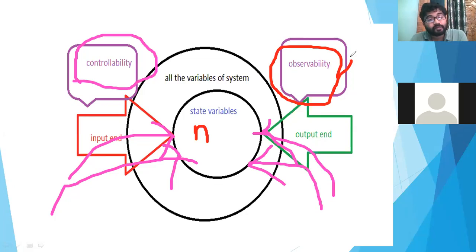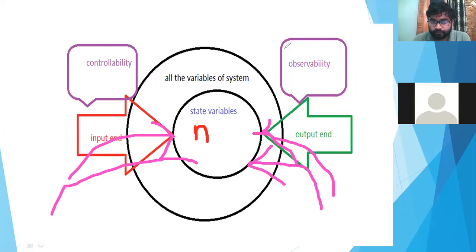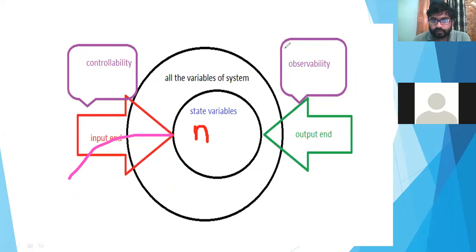Either we can access from input end or from output end. If accessing from input end, we are dealing with controllability. If accessing from output end, it is observability. If this is understood, the remaining task is nothing but simple mathematics.